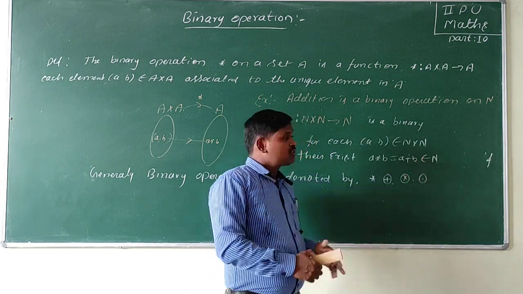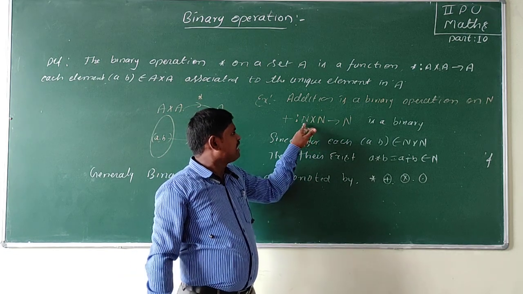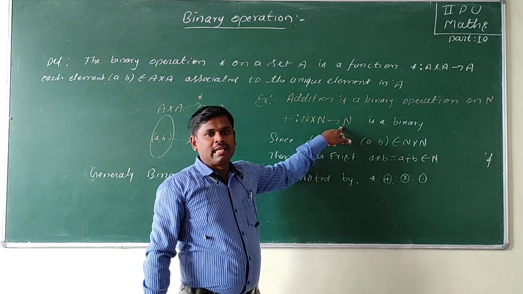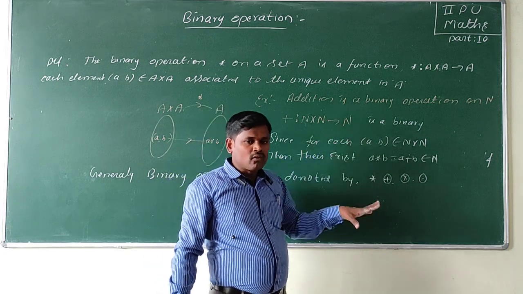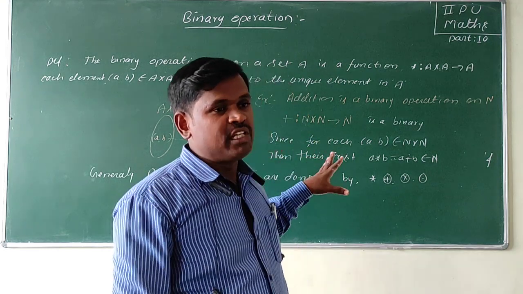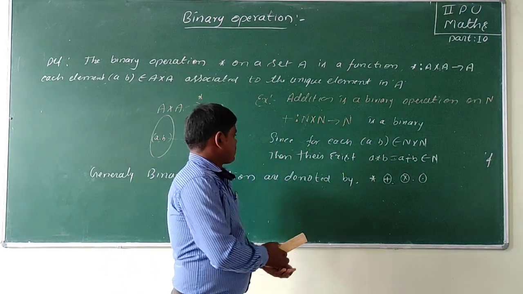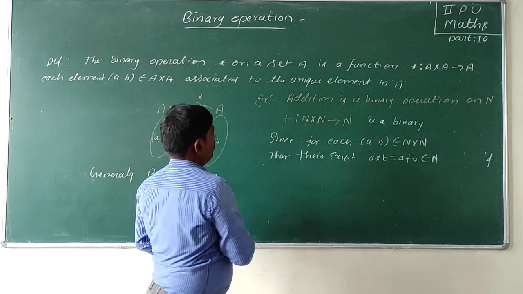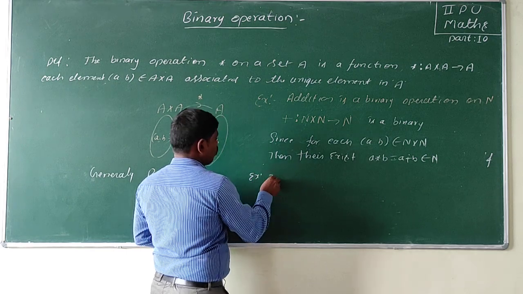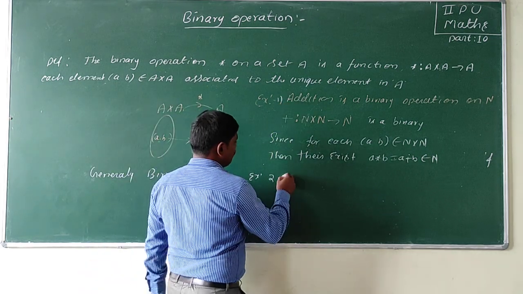That means every element in the set N cross N is associated with a unique element in the natural numbers. Therefore addition is a binary operation on the set of natural numbers. One more example, example 2, is multiplication.